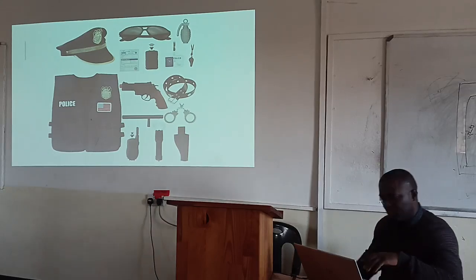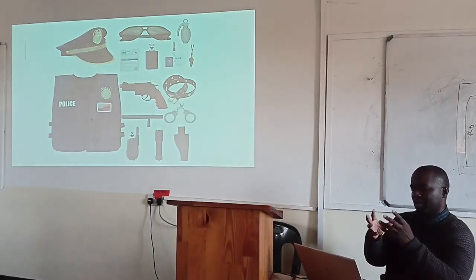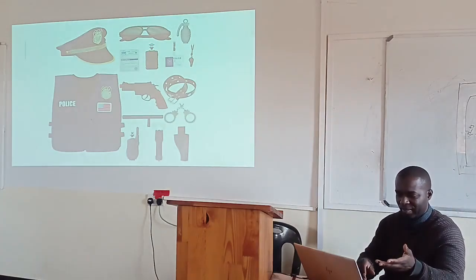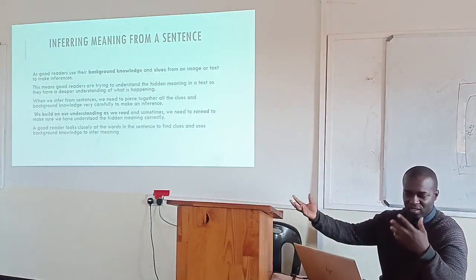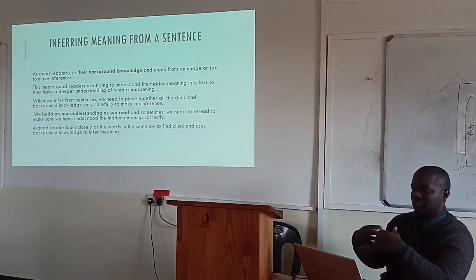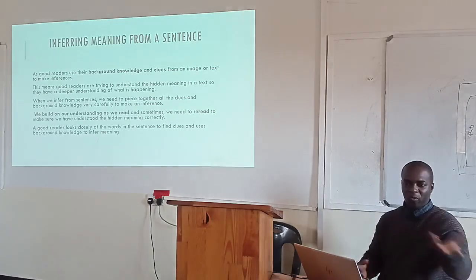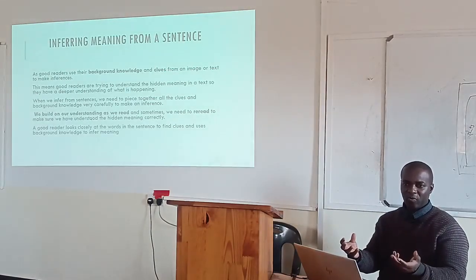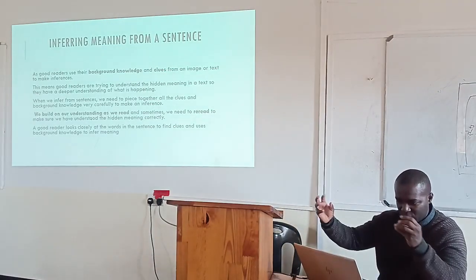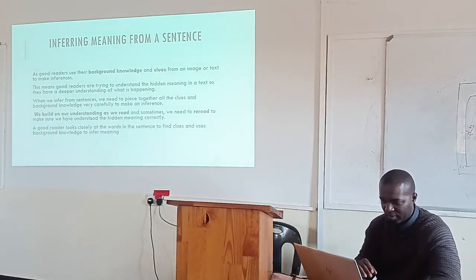If you combine all this, it could belong to a police officer, right? So those are just examples. Imagine if it's in text, it's like the information in the text, whereby you observe a few pieces of information and then you try to put them together.